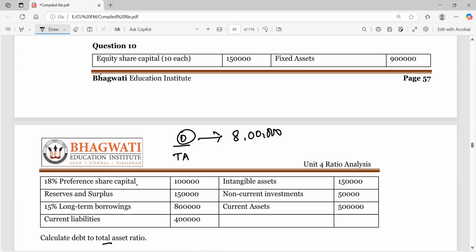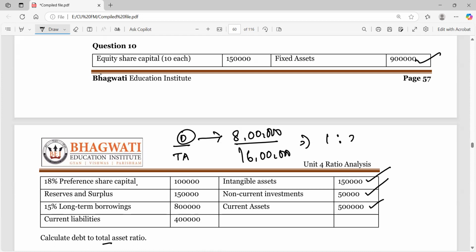Current liability, yes or no? No, because we are dealing with solvency ratios. We have to take long-term liabilities, not current liabilities. Divided by what is the total asset? Fixed asset of 9 plus 150, 1050 plus 11 plus 16 lakh.